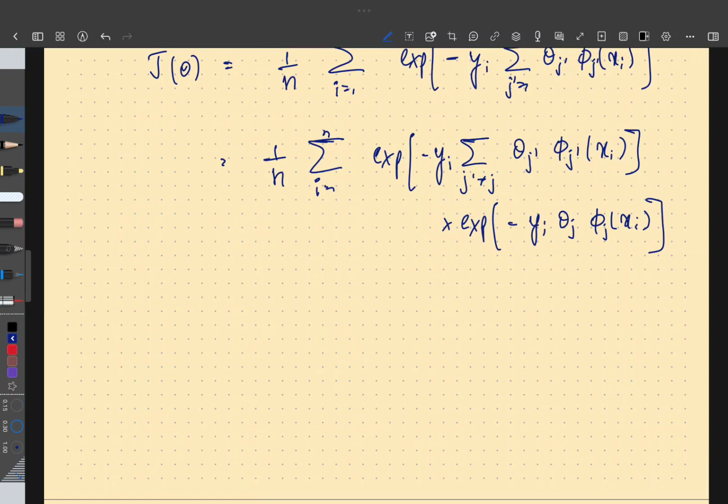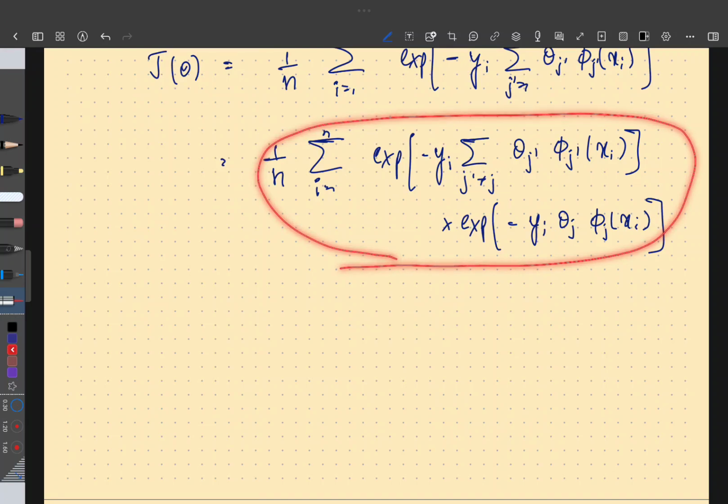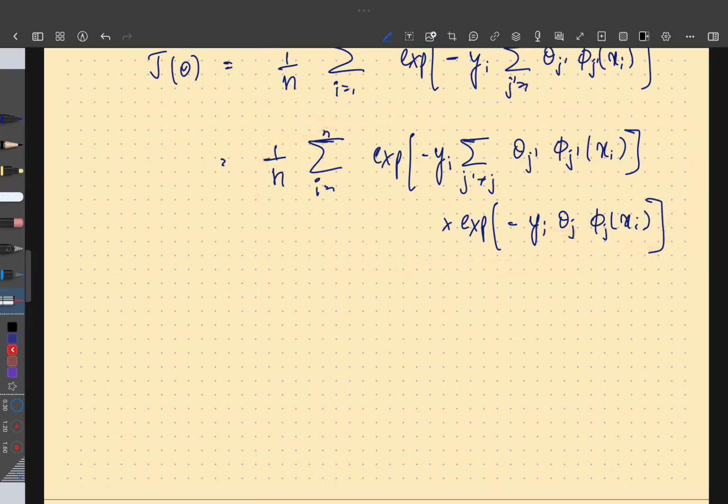Okay, just sort of decoupled the two terms because this quantity is not going to be updated in the current step. Only this theta_j is going to be updated in the current step. So my goal is to minimize the right hand side with respect to just theta_j.